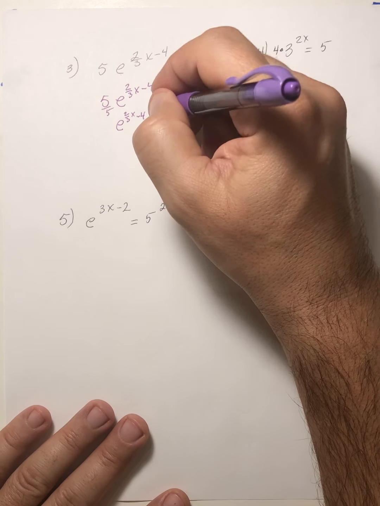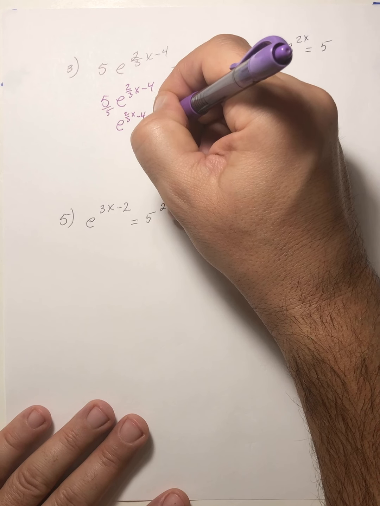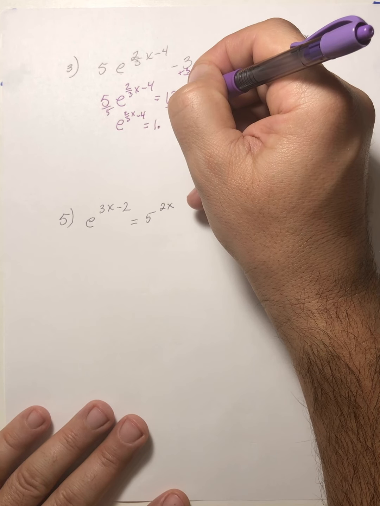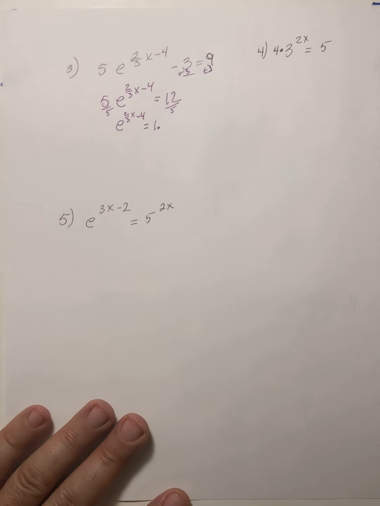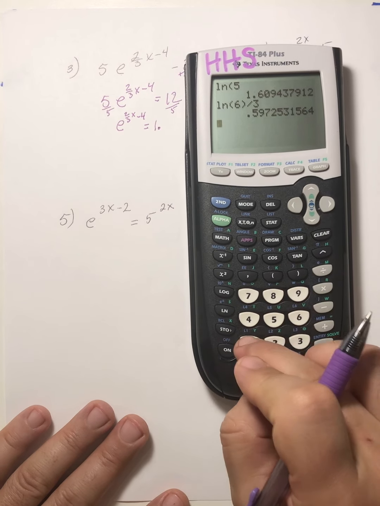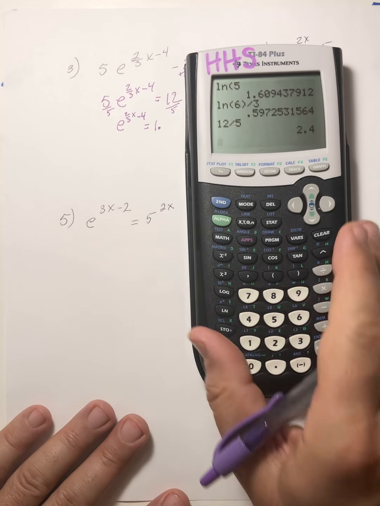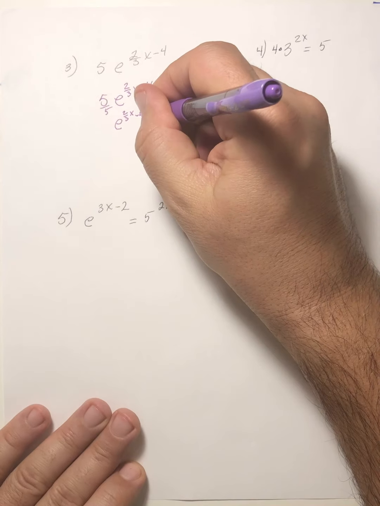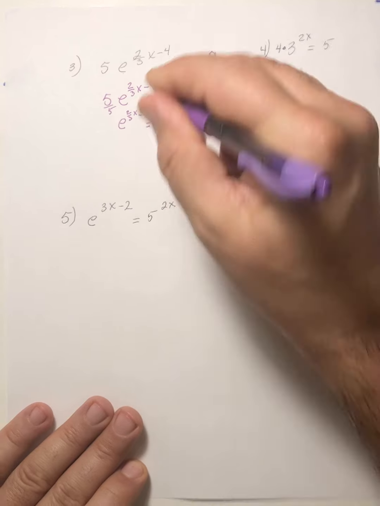And 12 divided by 5 is 1.6. Let me type that in just in case. Yeah, 12 divided by 5. Oop, 2.4. I better check my math. All right.